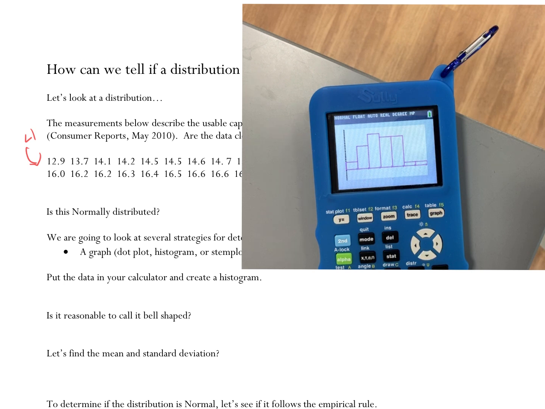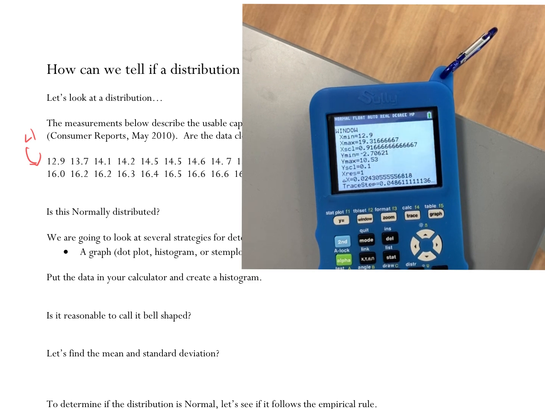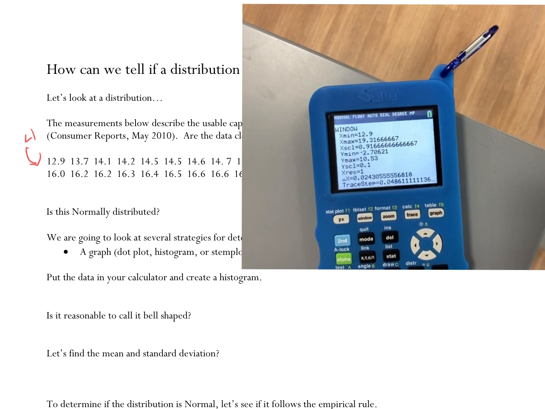Okay. Ladies and gentlemen, does this look close enough to bell shape? No, not really. Okay. Guys, go ahead and hit window. If you hit window, do you guys see where it says X scale?